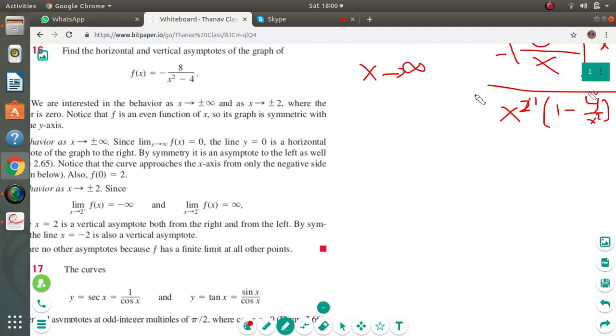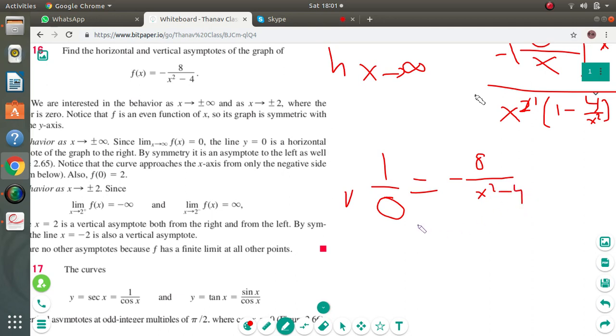So this is 8 by infinity is 0, 0 divided by infinity, and 0 only. So draw the graph now. So the horizontal limit is 0. For the vertical limit, you said 1 divided by 0 is equal to minus 8 by x square minus 4.